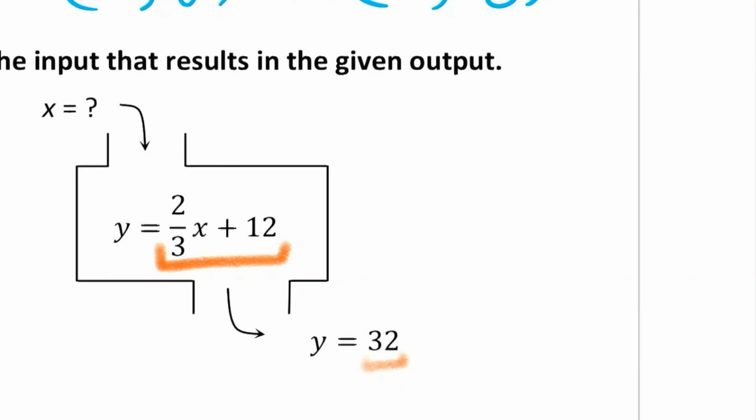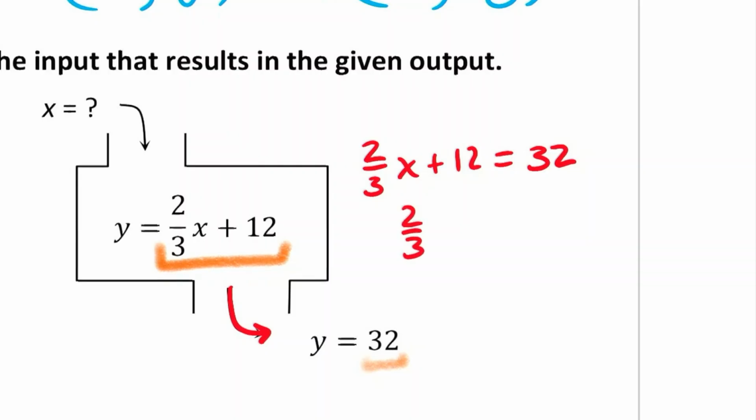So I'm going to say, look, this is the definition of the function, 2/3 of the input plus 12, and I want this to become 32, right? I want 32 to come out of this. So all I have to do is solve for x. If I take away 12 from both sides, this is going to give me that 2/3 of x is the number 20. Yeah, 32 minus 12 is 20.